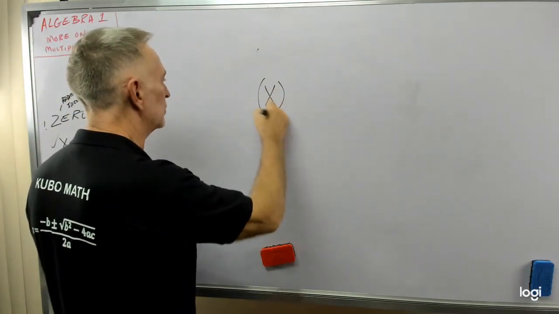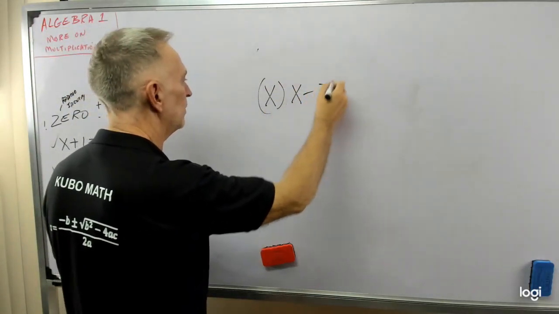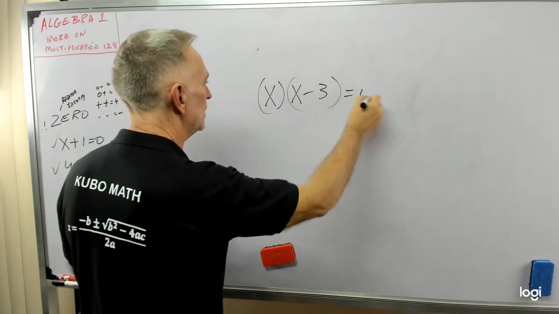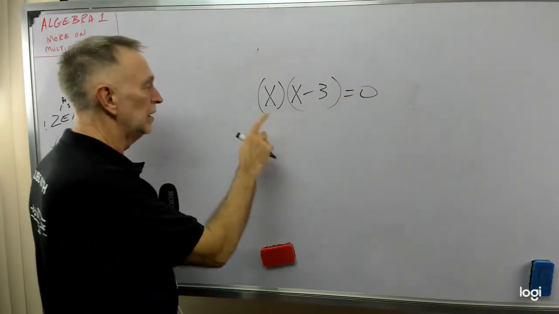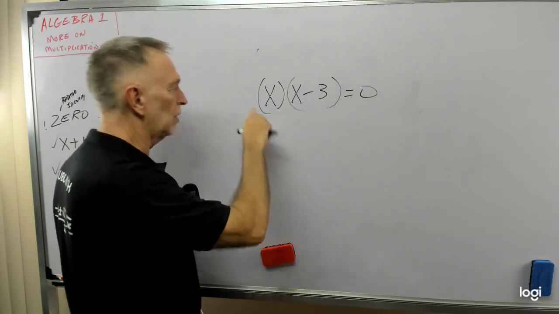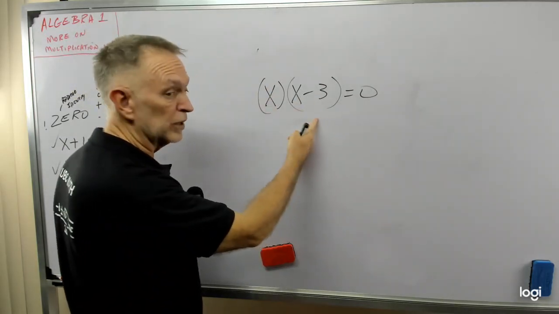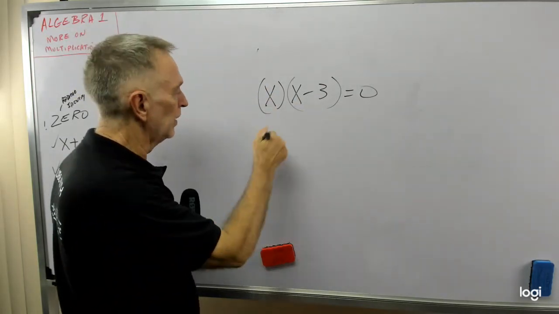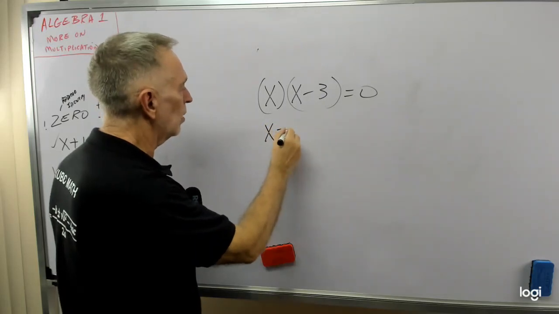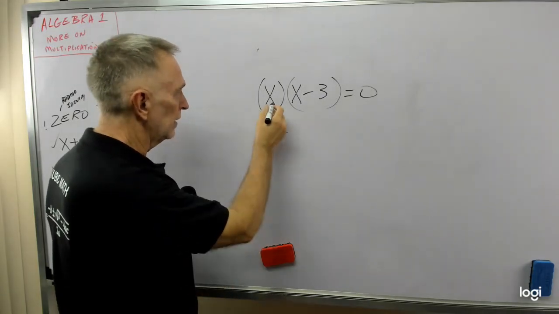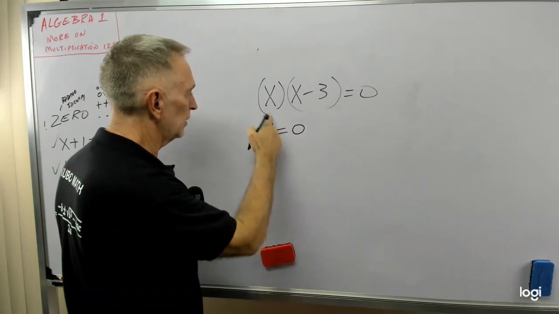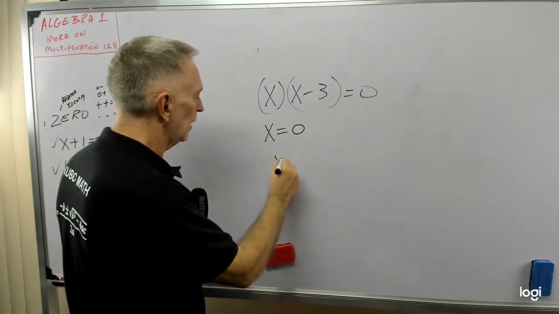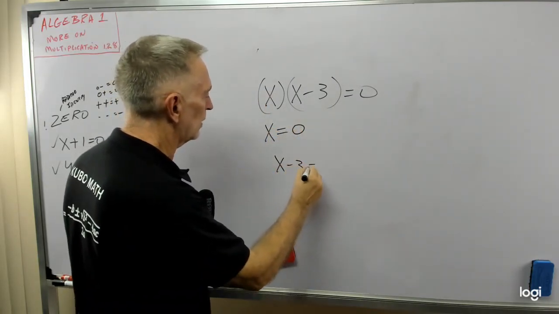x times x minus 3 equals 0. Well, that means this can be 0 or what's in the parentheses can be 0, which, following along with what we just did, means x equals 0 or x minus 3 equals 0.